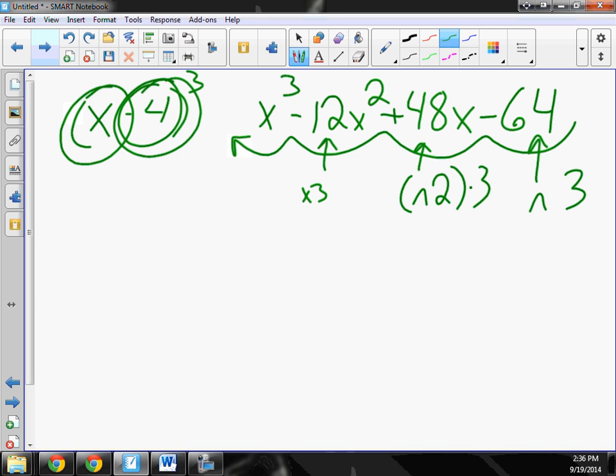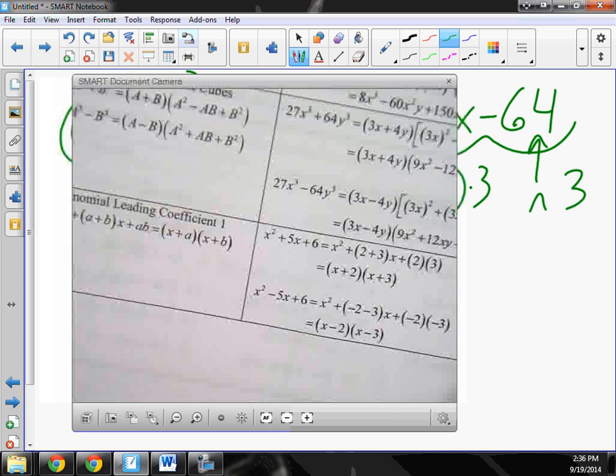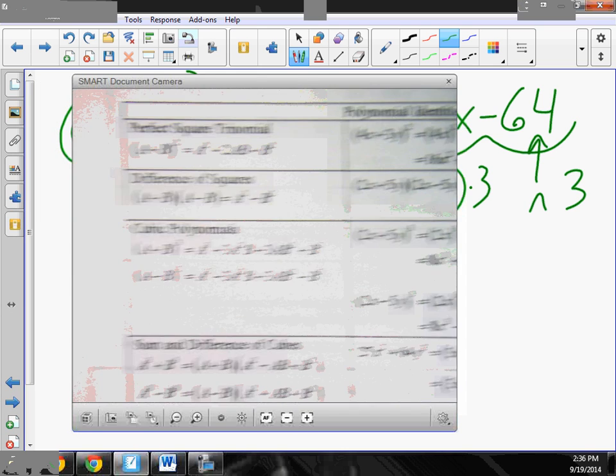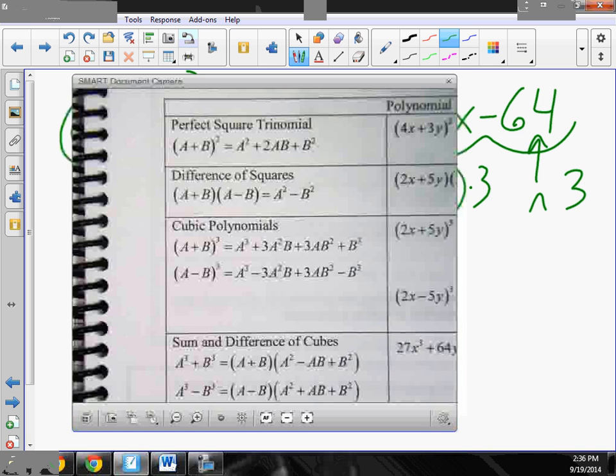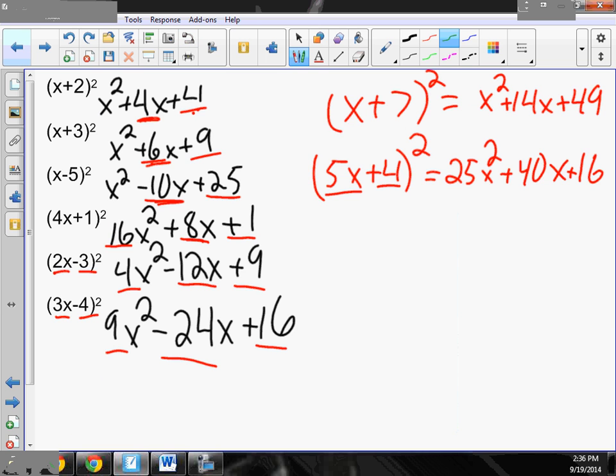Okay? So, we came up with the formula for perfect square trinomials. So, a plus b squared is a squared plus 2 times whatever a and b are as a product plus b squared. Well, you know it, right? Right here.